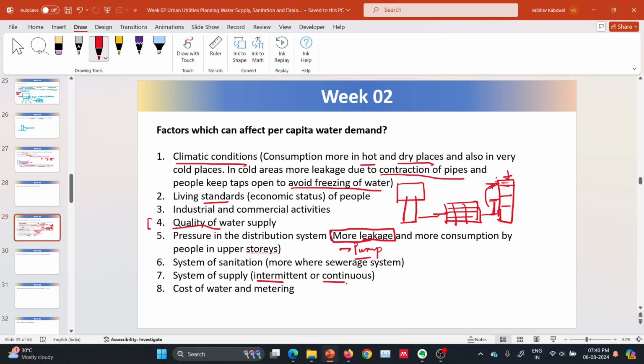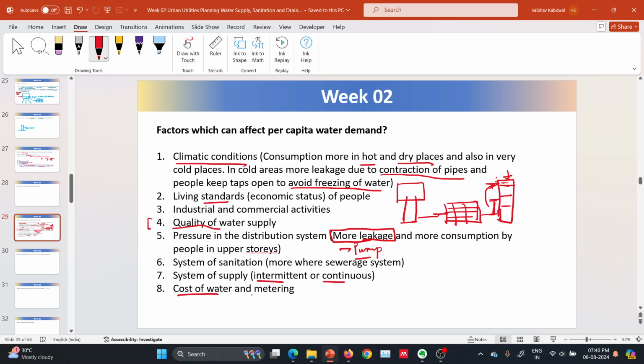First, that can cause loss of water, and secondly, in an intermittent system, the people store water, and if freshly arrived water comes, they tend to throw away the stored water. While in a continuous system, there is a continuous supply of water, so there is more leakage. So this is the ideology of both systems of supply, intermittent and continuous.